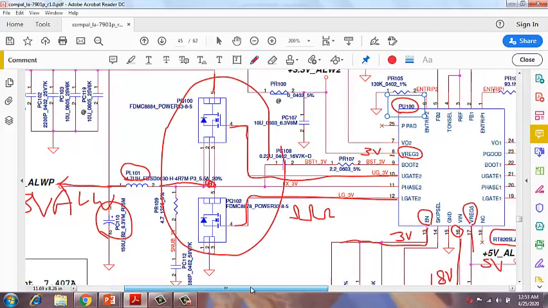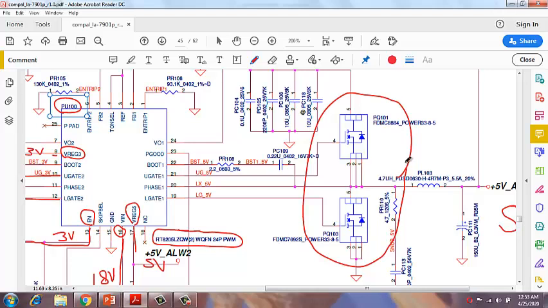So it's like that. At this point also, this is an upper MOSFET, this is a lower MOSFET, both MOSFETs are there. They start triggering from pin number 21 upper gate, and from the lower gate, this side 18 volt is here.